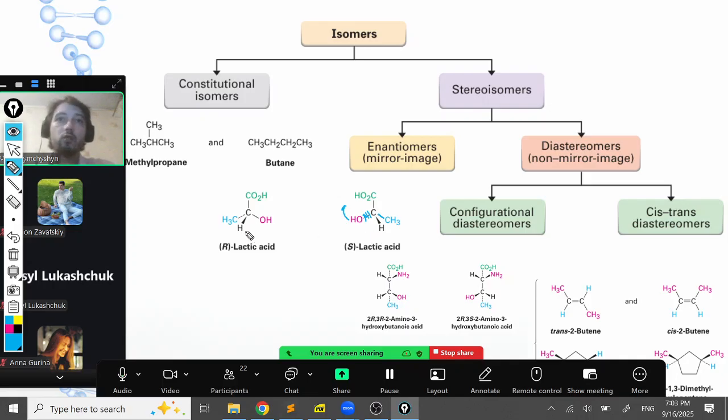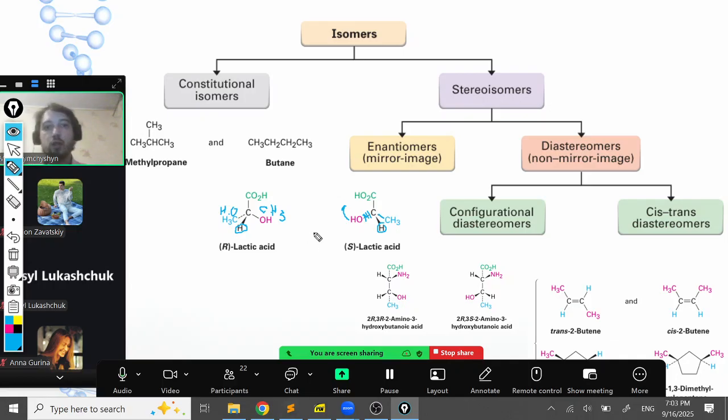But it doesn't look right, because we will have this hydrogen coinciding with this hydrogen, but these two groups will be swapped. So we will have OH in place of CH3, and CH3 in place of OH. And if I try to rotate them even more, I will get something different.